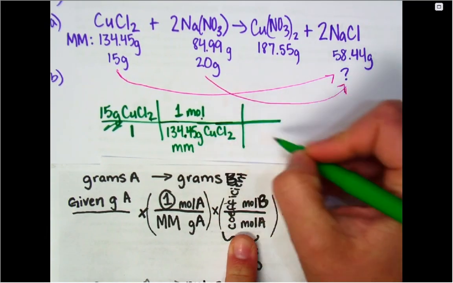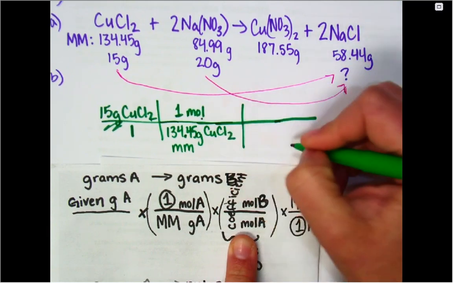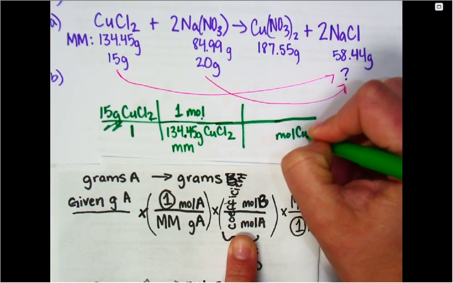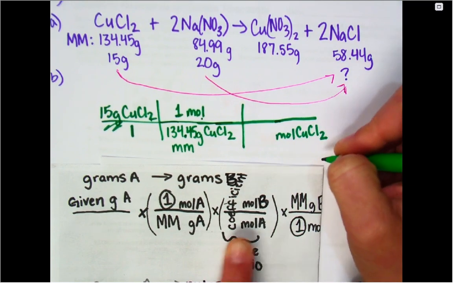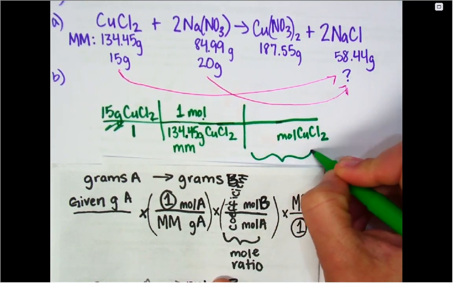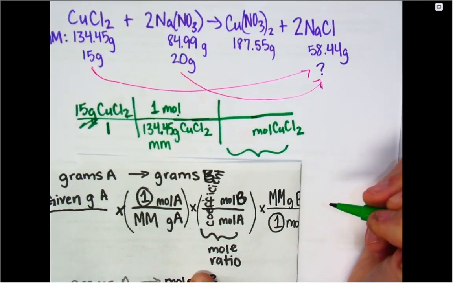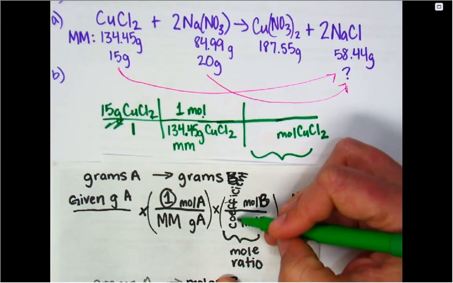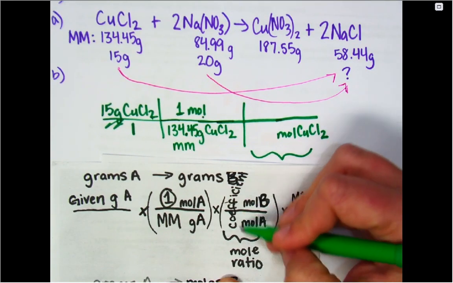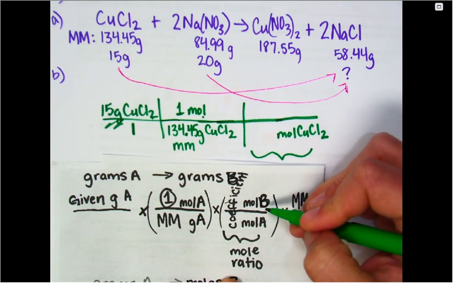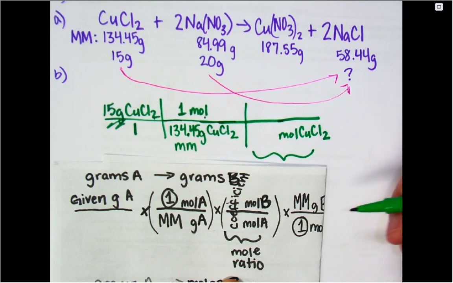Okay, I'm going to bring my words down to the right. This is still talking about moles of copper 2 chloride. This is our mole ratio step. So we have coefficients that we're going to have to pay attention to. Who are we going to put on top, though? Before we even put numbers in there, what are we talking about on top?